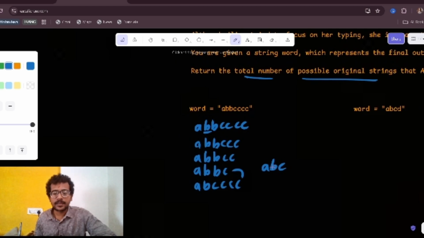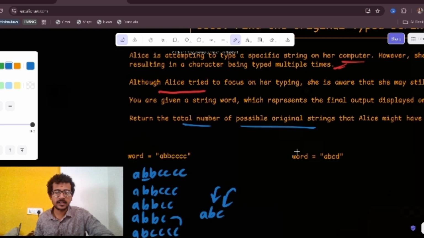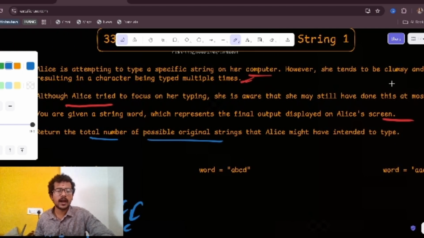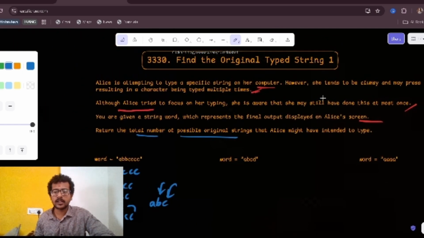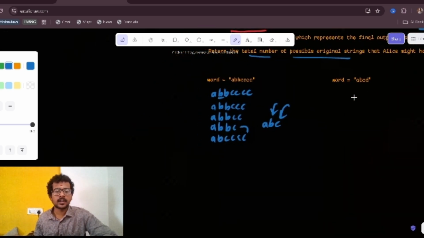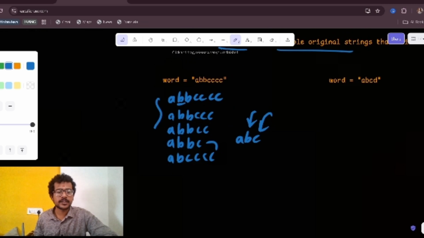Because if we consider that, we are saying that Alice has typed a letter more than once for 2 characters, but they said she may press a key for too long at most once. That means at most one character has been typed more times. Now, totally I have 5 strings and I will return 5 as the answer.